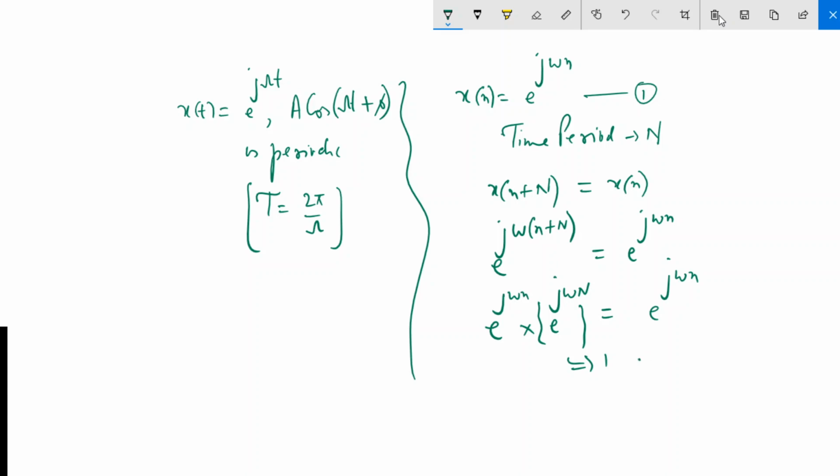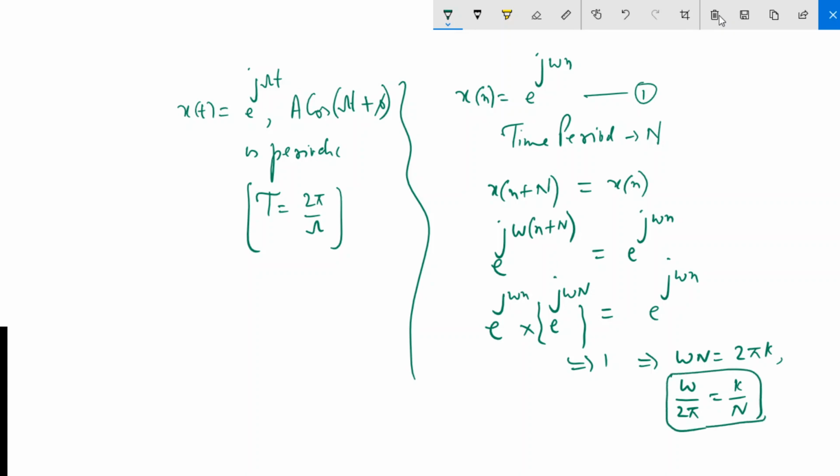What it implies is that your omega N must be a multiple of 2 pi, because e raised to the power j 2 pi k is 1. It may be 2 pi, it may be 4 pi, it may be 6 pi and so on. So what you can say from this equation is that omega upon 2 pi should be equal to k by N.